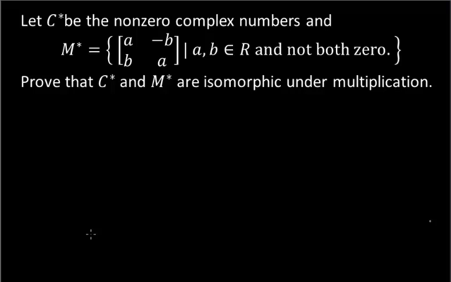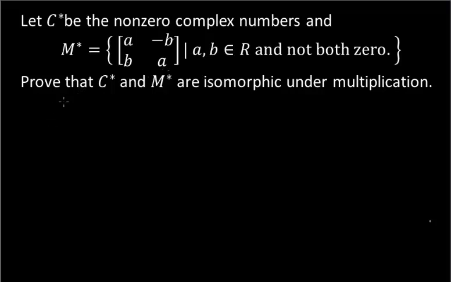The last example is we want to prove that C star, the non-zero complex numbers, is isomorphic to this set of matrices. It's all 2x2 matrices that have the same entry here, and additive inverses here and here. a and b are real numbers, and not both of them are 0. So we want to prove that they're isomorphic. That means we have to come up with a map. Well, there's a natural map.